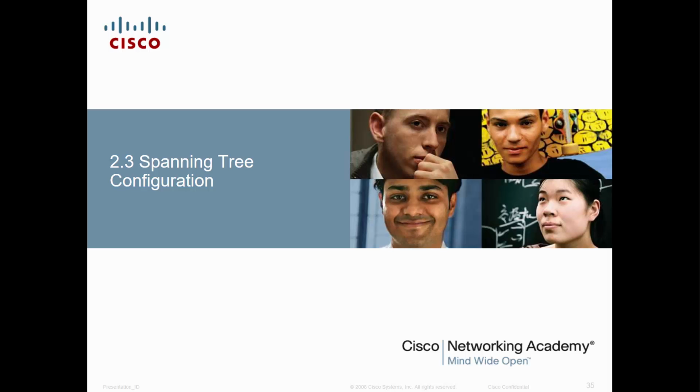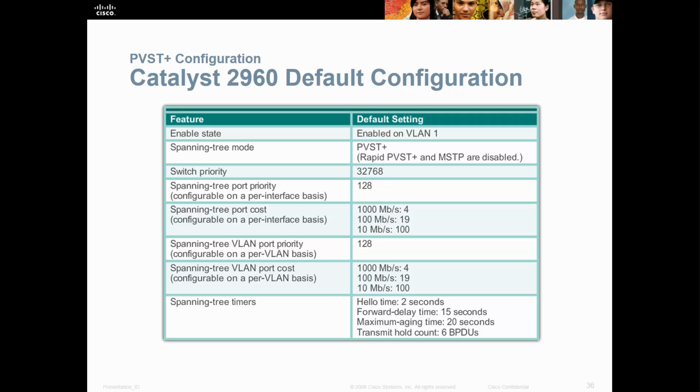Let's talk about how we configure STP. First of all, we have to make sure that STP is turned on. So we're looking at a Catalyst 2960 and the default configuration. The feature's enabled state is enabled by default on VLAN 1.